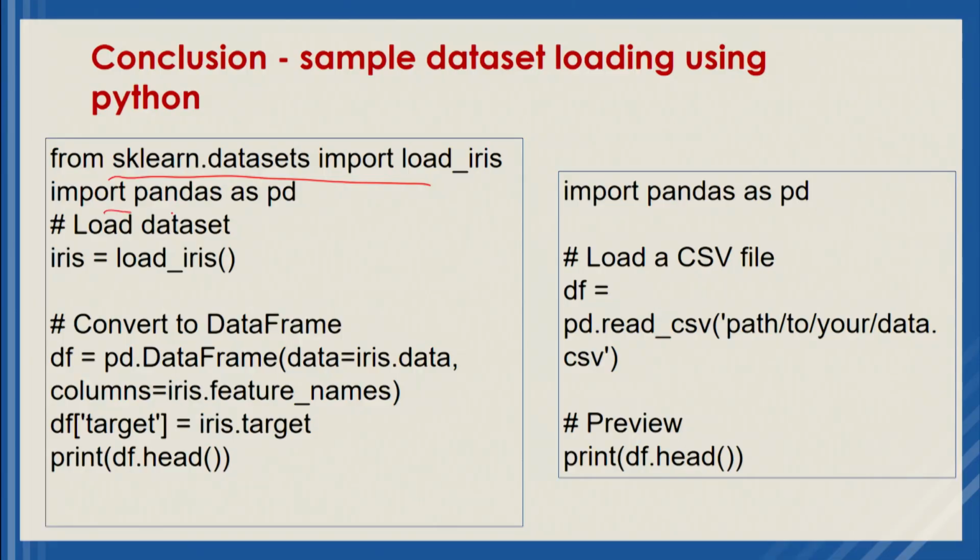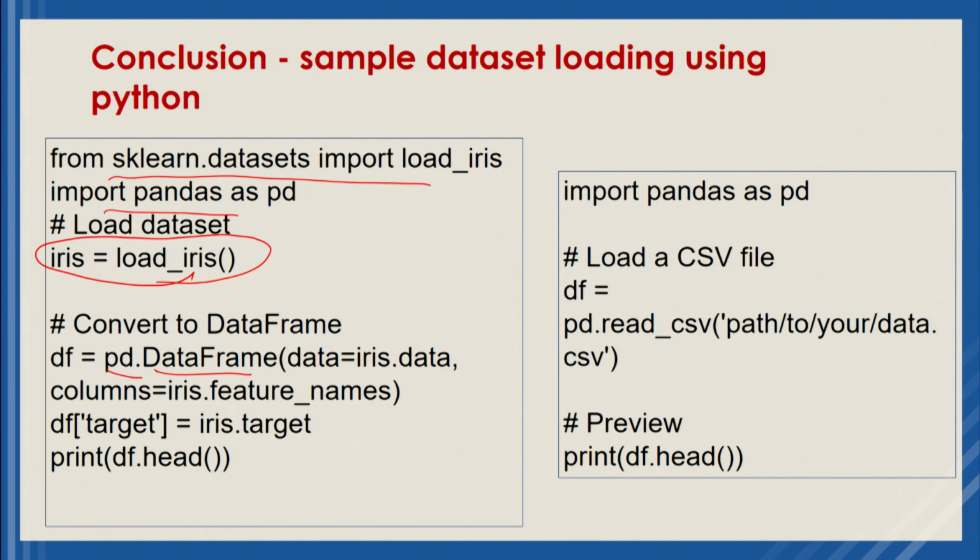So, see here, these are the import libraries that will be helpful for us in loading a data set in Python. Here we are loading a built-in data set called the iris data set, and here the data frame is being used, numpy and pandas are being used here, pd is the pandas framework. So, the syntax is DataFrame.